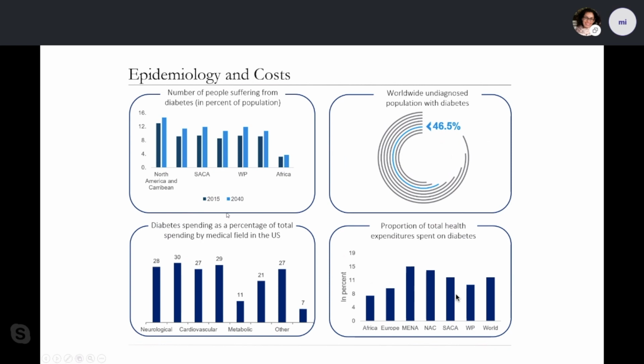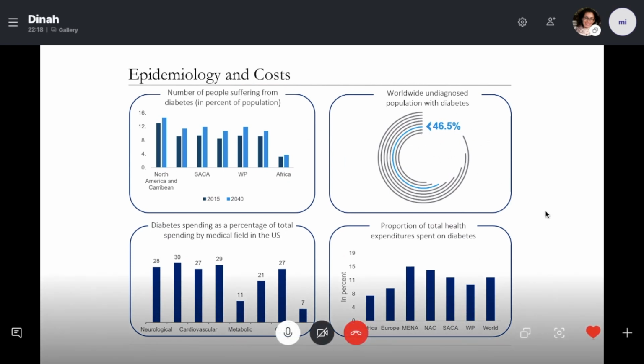And just to make the problem even bigger, there are about 46% of patients worldwide who are still undiagnosed with diabetes. And of course, the spending on treating diabetes complications is very high, which is maybe different from other specialities in ophthalmology. Those costs could have been cut down with early treatment.